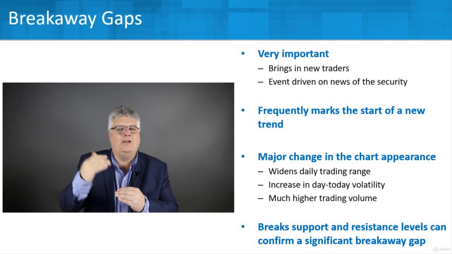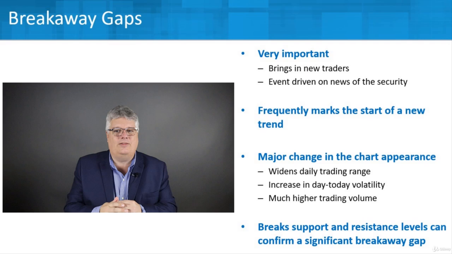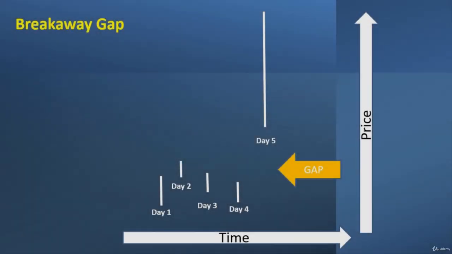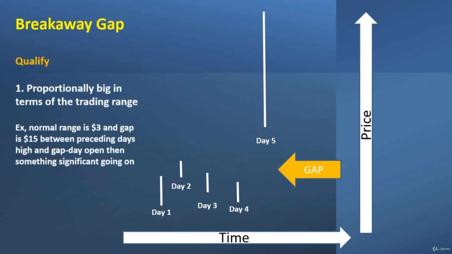And it is a significant leap in terms of the price, and we'll take a look at that now and how to trade on that visually. So in this example, we have an upward gap, right? We have a gap between day 4 and day 5 prices. And what you're really looking for is a couple of things. Ideally for a breakaway gap, you want it to be proportionally big in terms of the trading range.